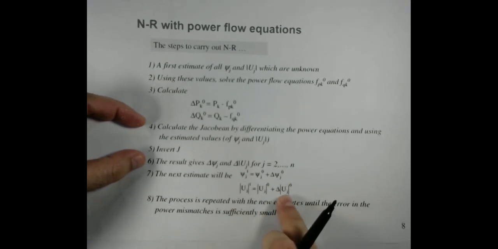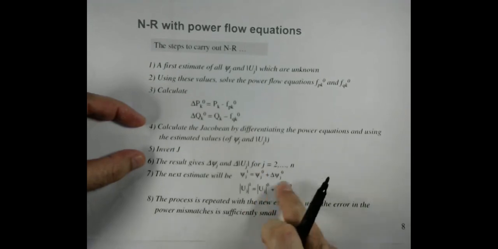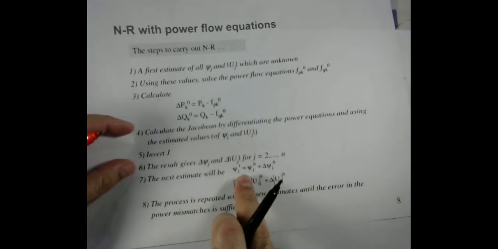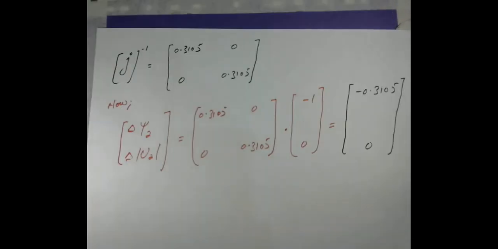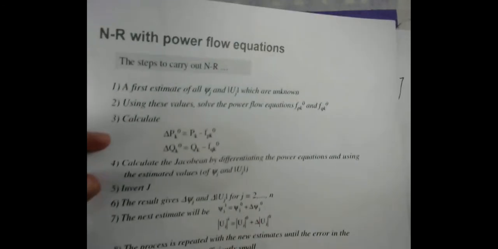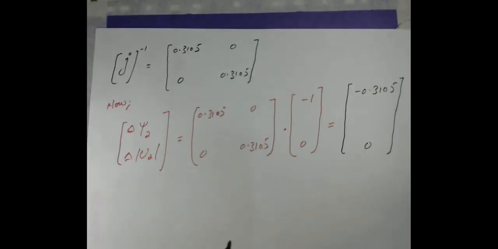We now know the error both in the angle as well as in the voltage. We have made the initial estimate, and we will add those values to get the next estimate. We have already discussed all these 6 steps, and now this is the 7th step. So now the next estimate.